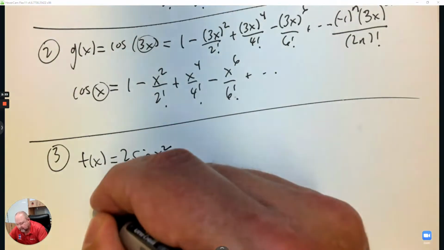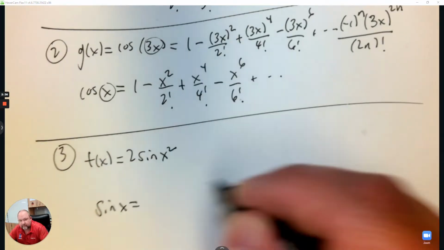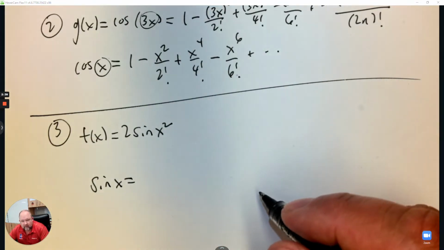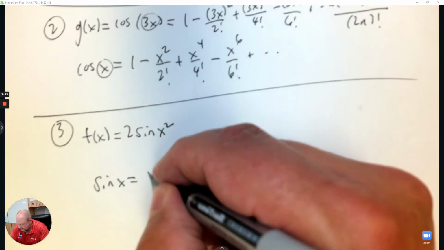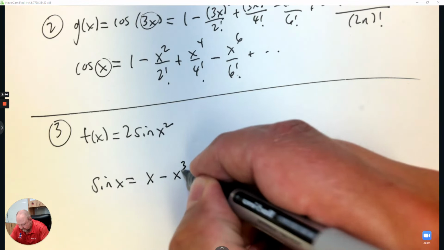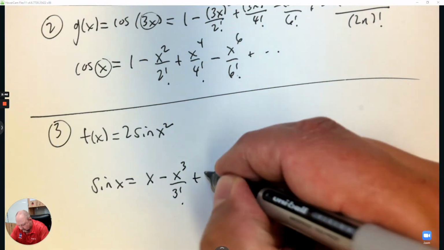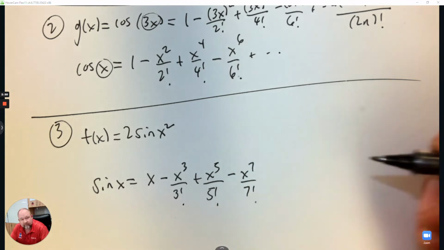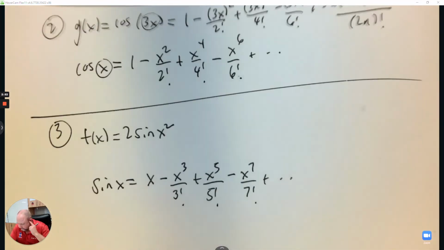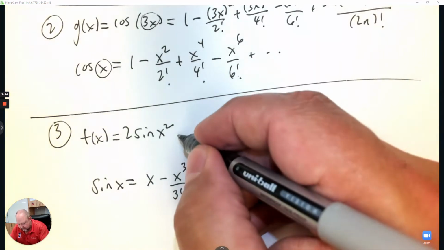So this is obviously connected to sine x, so I'll do that. So sine x is 1, no it's not, it's x minus, and it's the odd numbers, alternating. So 2 things happening here.